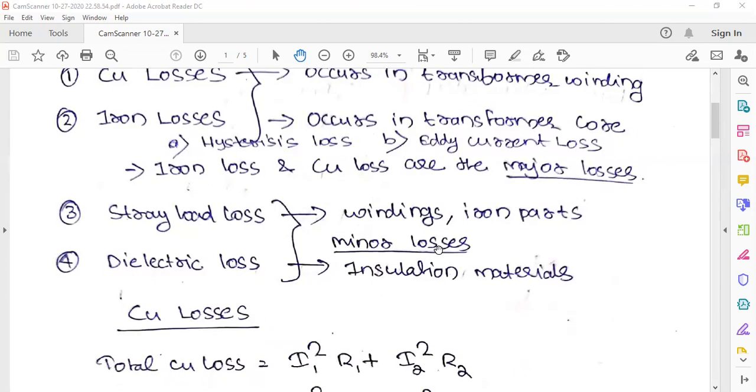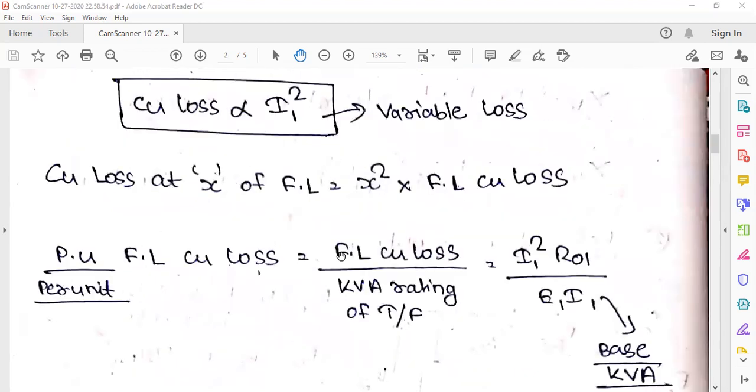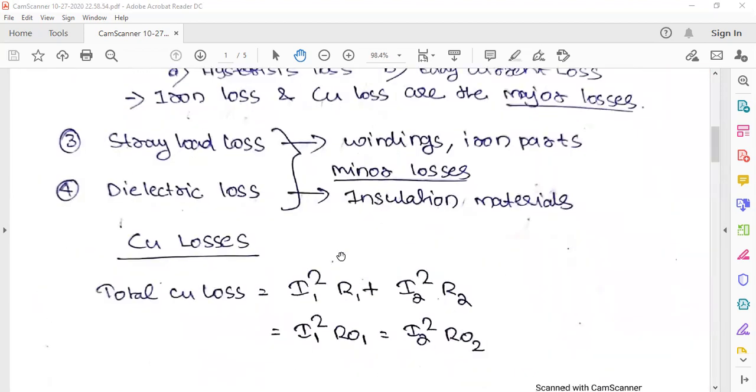Okay. In a transformer, we know that there will be a primary and a secondary. So the total copper loss will be I1 square R1 plus I2 square R2. If it is referred to the primary, then there is no secondary side. There we introduce one term called R1E, or it is also called R01.